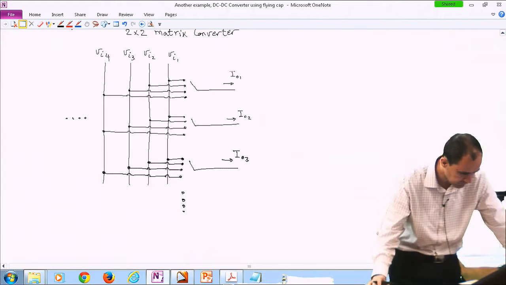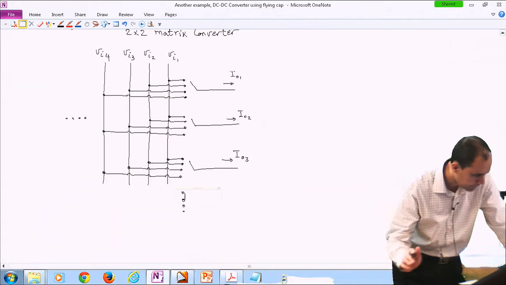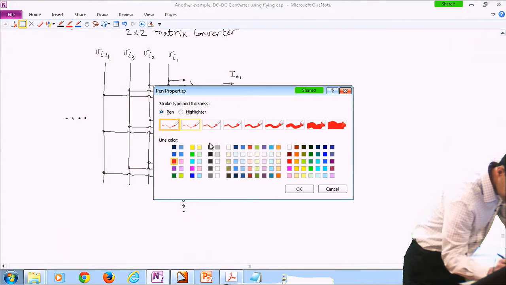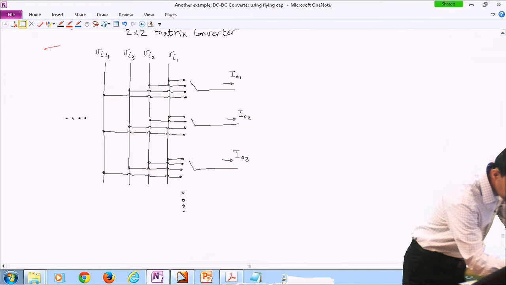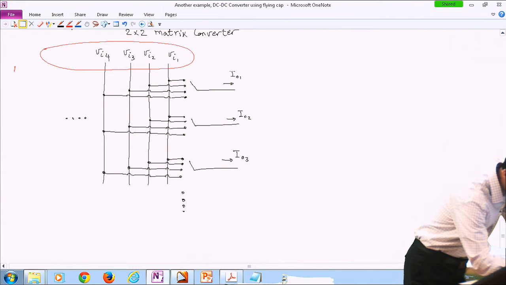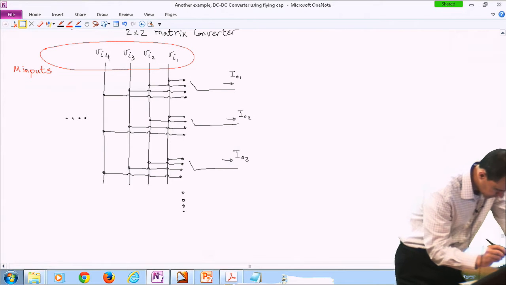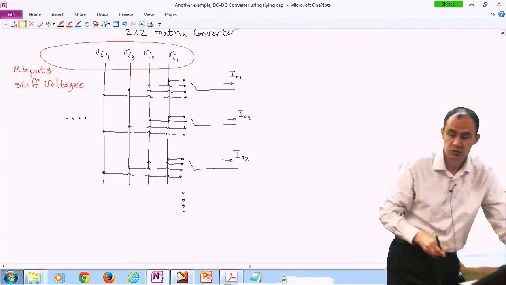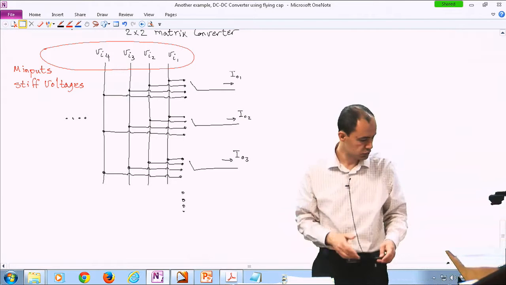They're all stiff, like for instance a three-phase voltage source.